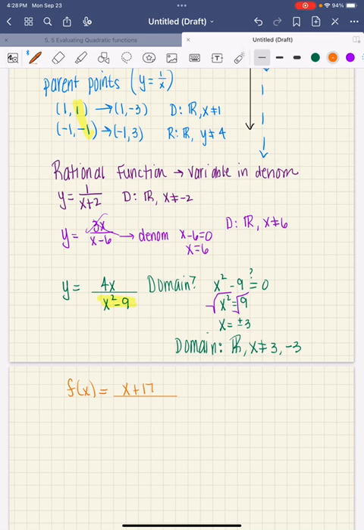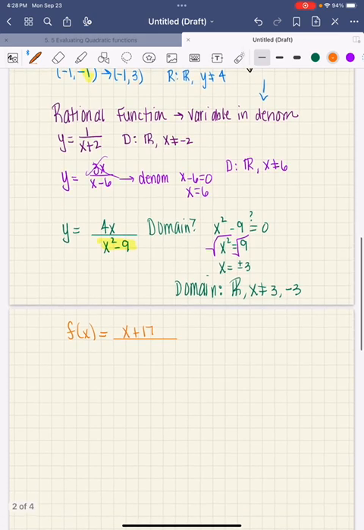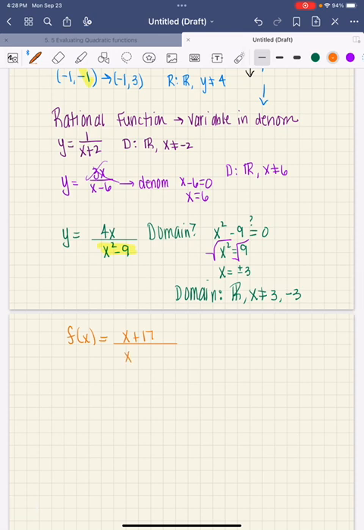What I care about is the denominator. How about something like x squared plus 4x minus 5? So what I care about is x squared plus 4x minus 5. What values of x are going to make that 0? So I'm going to set it equal to 0.